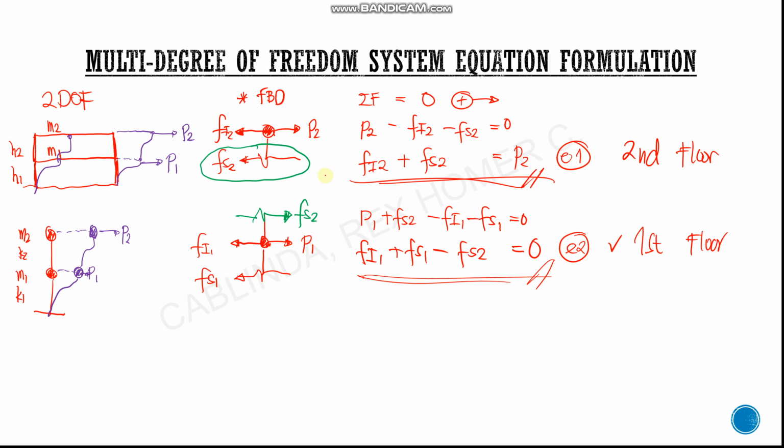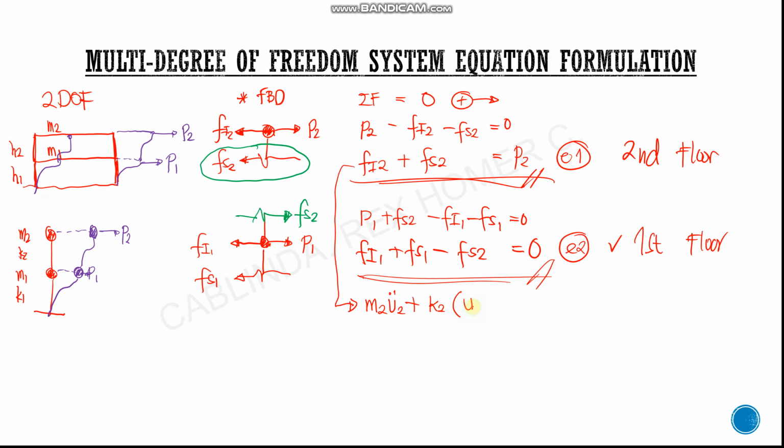Okay. So if we are going to elaborately write down the equation for the second floor, the inertia force is mass times acceleration. Since we have first and second floors, we put a subscript to denote each. So the inertia force in the second floor we write as the mass of the second floor times the acceleration of the second floor, plus the static force: the stiffness of the second floor times what?